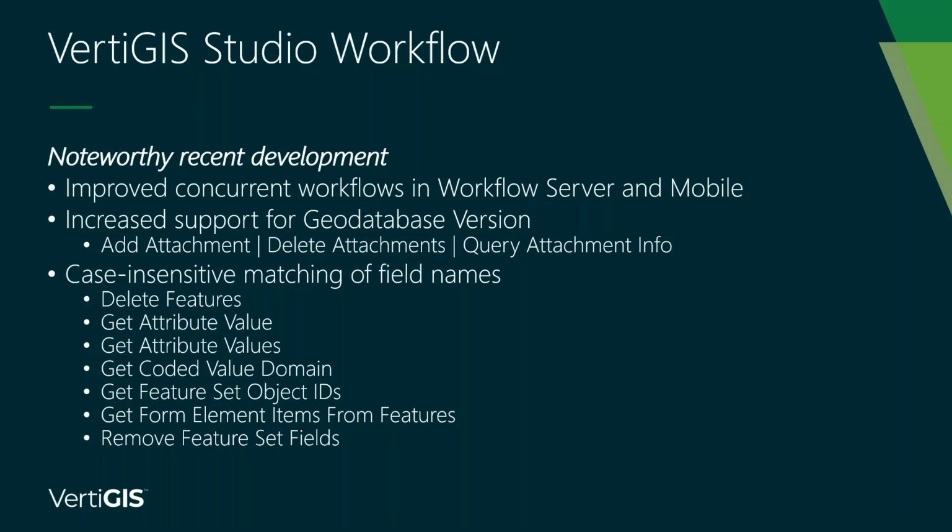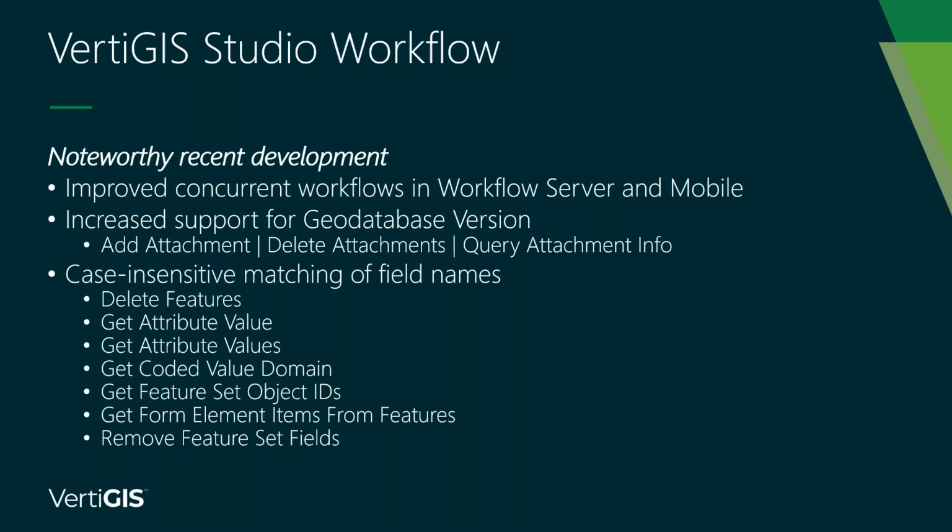And then the last thing I really wanted to note about Workflow: we ran into a few really interesting use cases where almost everything was case insensitive, but there were a few places where Workflow was in fact paying attention to the case of field names. And this was causing problems because, depending on whether you're accessing your feature server through the Enterprise interface or the ArcGIS Online interface, different cases for the same data might come back.